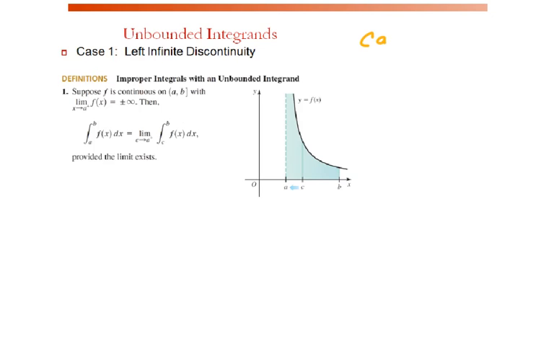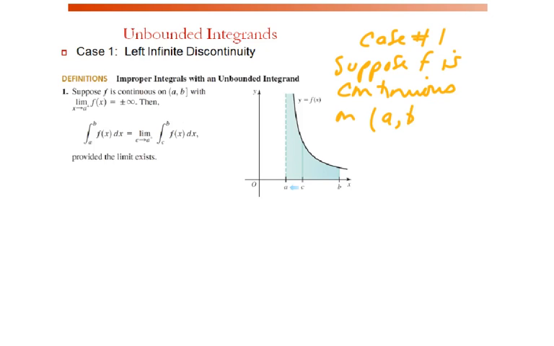Let's go on here. Case number 1. Suppose f is continuous on the interval a, open at a and closed at b.